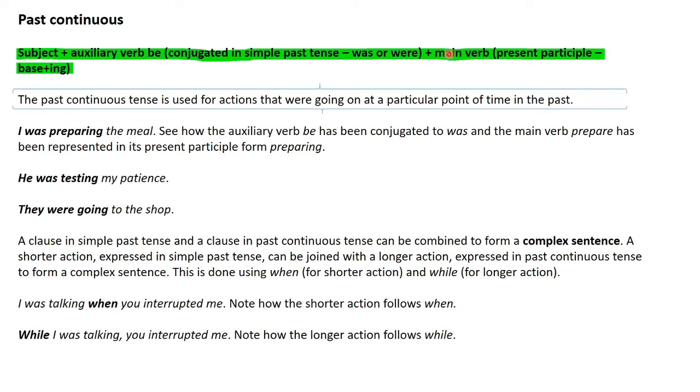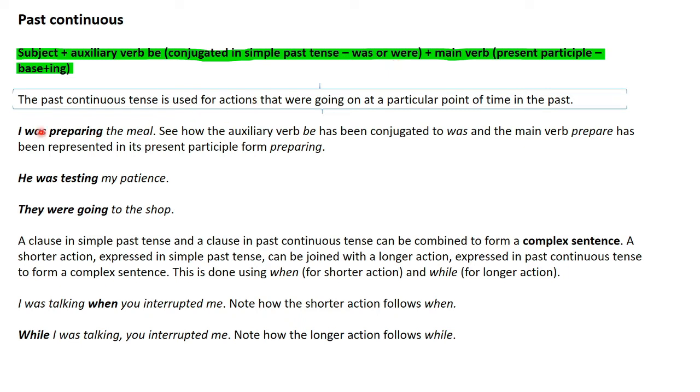This was same. The main verb was a present participle in the present tense, and it's a present participle in the past tense as well. So the difference is the verb to be conjugated in the present and the past tense. In that case it was is, am, are, and in this case it is was or were. This is an important comparison to make at this point.